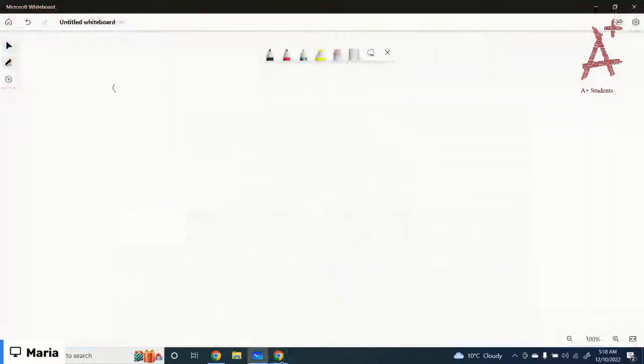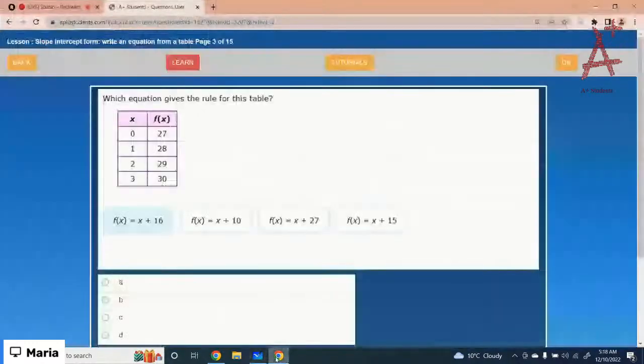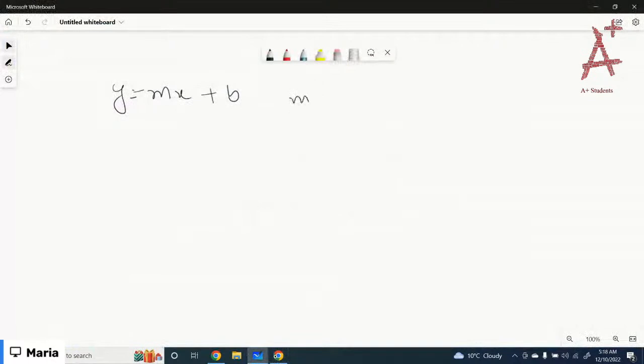Okay, the equation is y equals mx plus b. You have to find the slope. Use any of the points for the slope. I'm using the first two for this one.